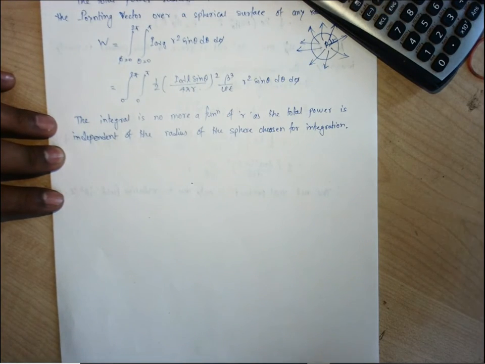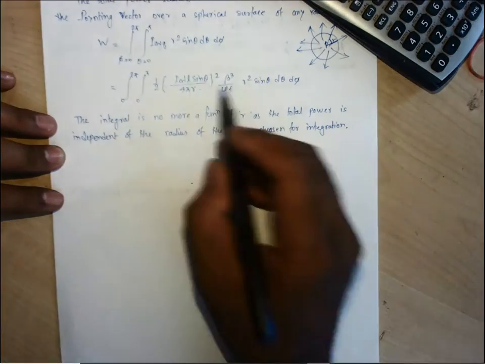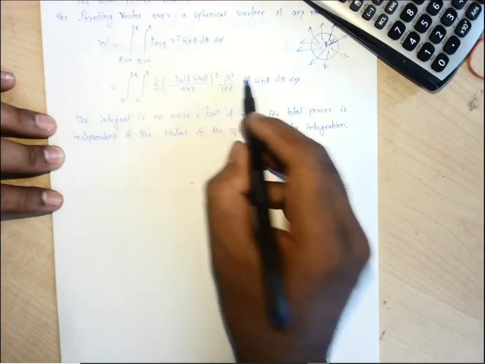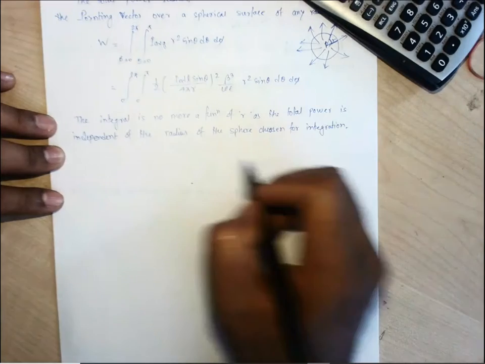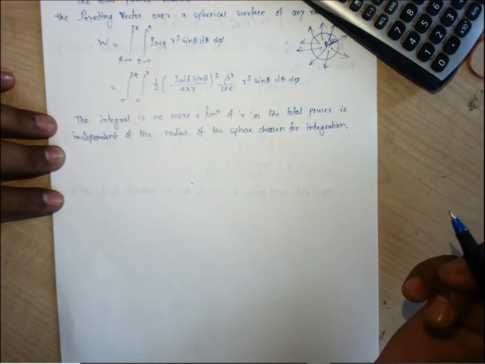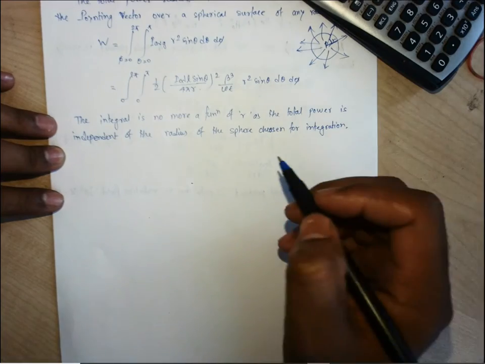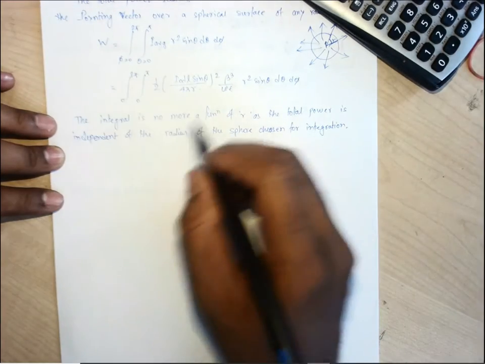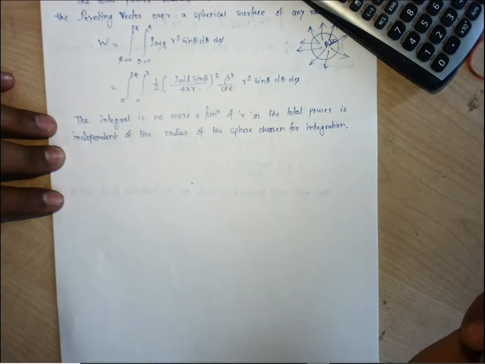You will also find that this r square gets cancelled: here r square and r square get cancelled. This cancellation gives us the hint that the integration will no more remain a function of r, because it is the total power, which does not depend upon the radius of the sphere.